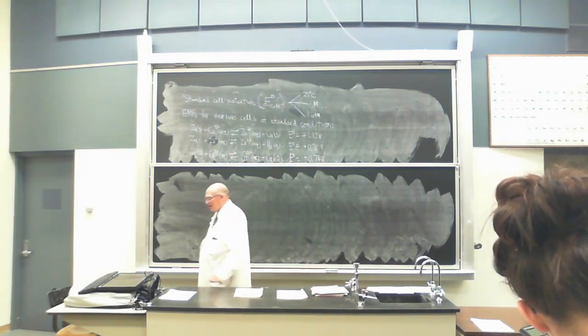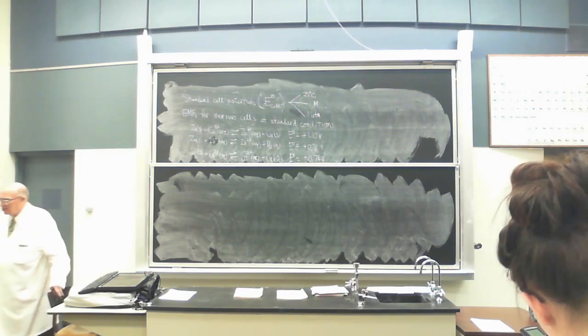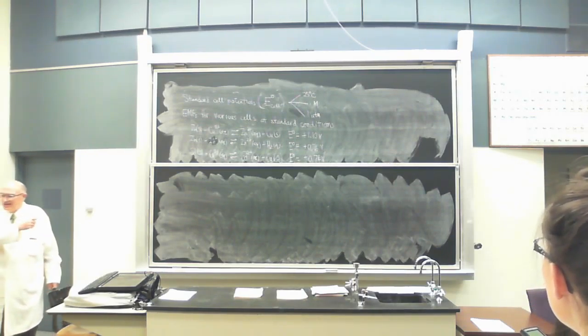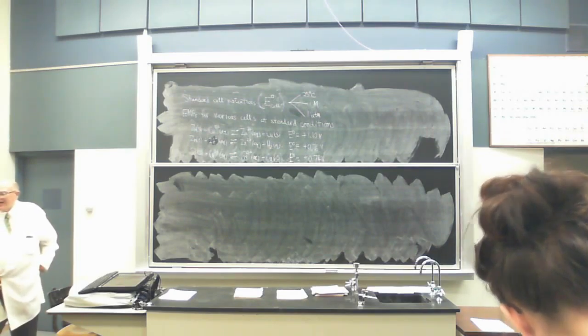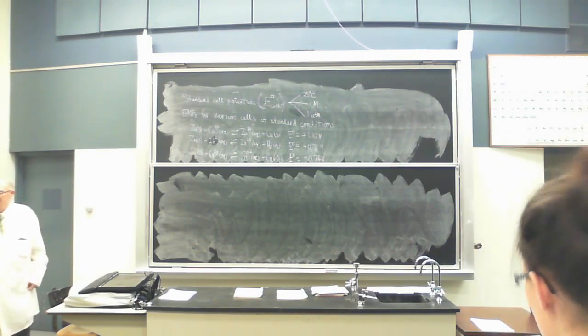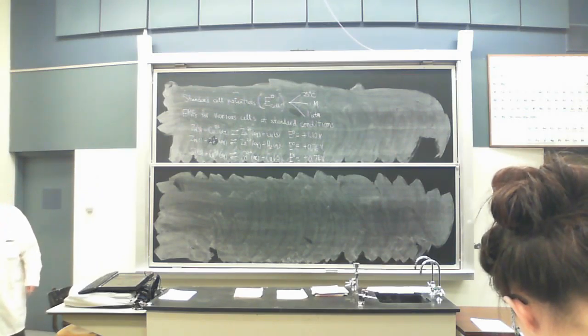Now, what are these numbers I've got up here? 1.10, 0.76, and 0.74. That's the difference between two half reactions. In every one of those equations, I've got two half reactions occurring.